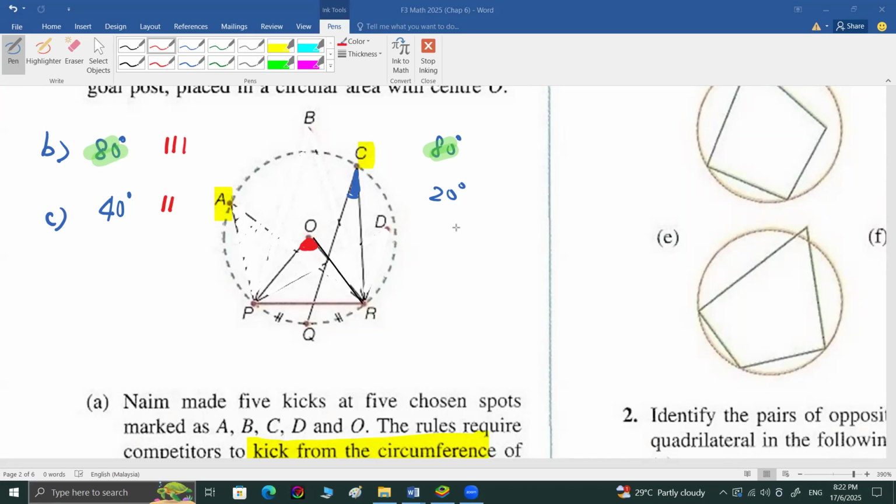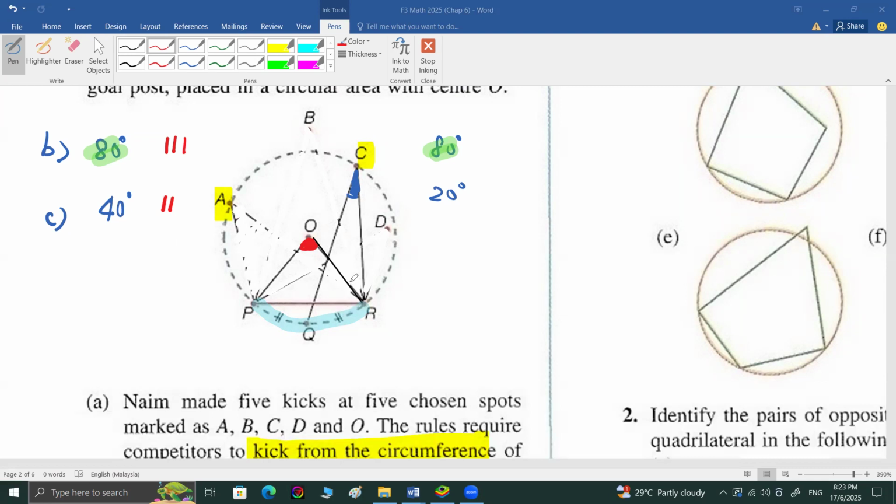Okay, class, look at this. This one just now, the red one is 80. Where 80, okay, is what you can see, the arc here. The arc that's subtended. Can you see this arc? This arc subtended how many? 80, right? So if it's 80, class, can you see the mark here?